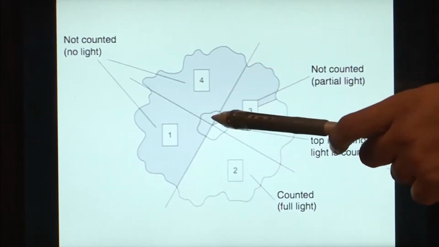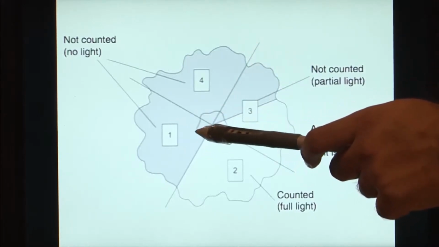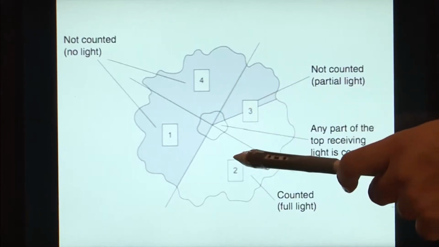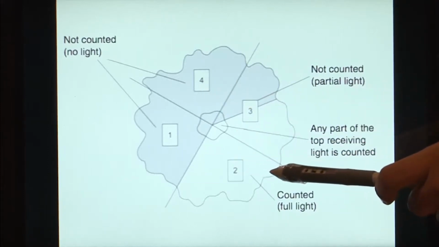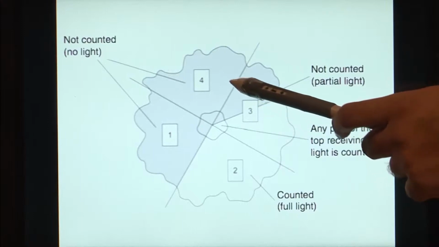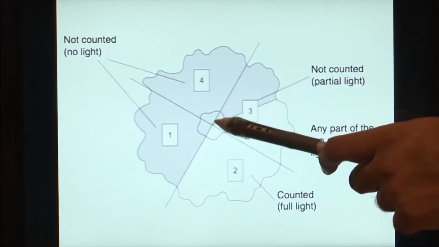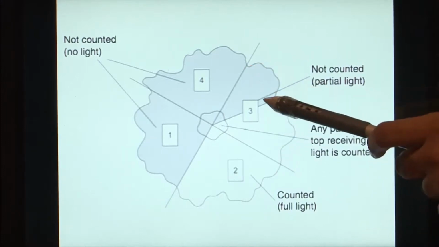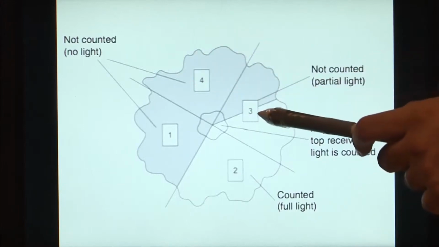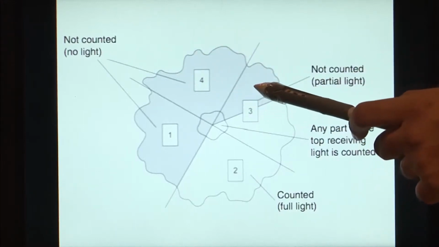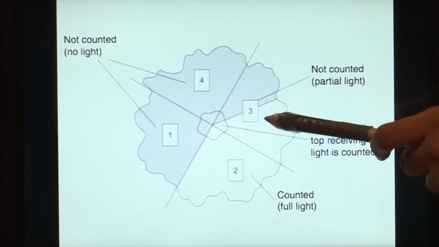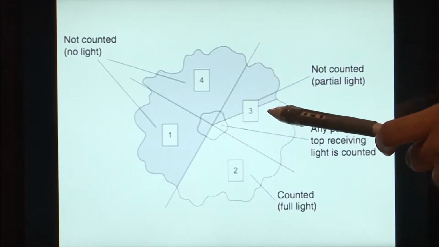Now, any portion that does not receive light is not counted. So, 1 and 4 here are not counted, and 2 is counted because it is receiving full light. In the case of 3, consider this portion from here to here. It is not receiving light completely. When the sun is overhead, the portion shown in the darker colors is receiving a shadow and this portion of section 3 is receiving light.